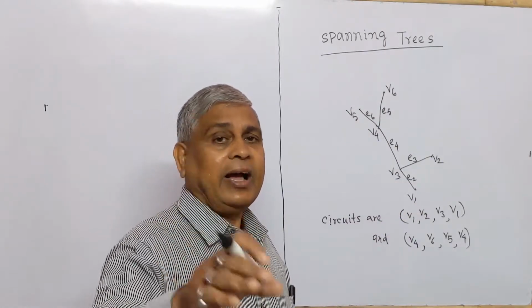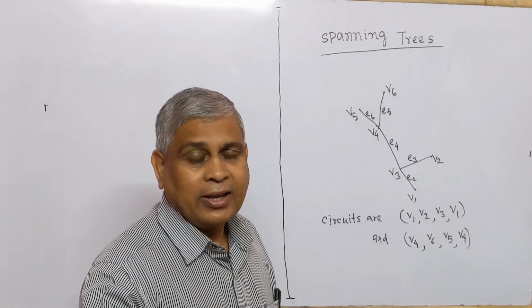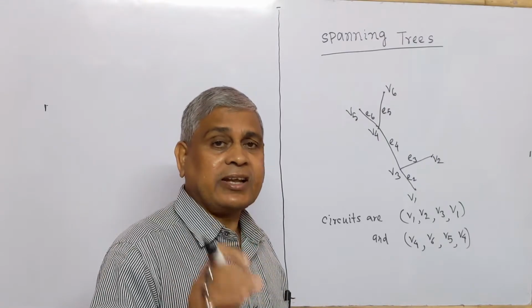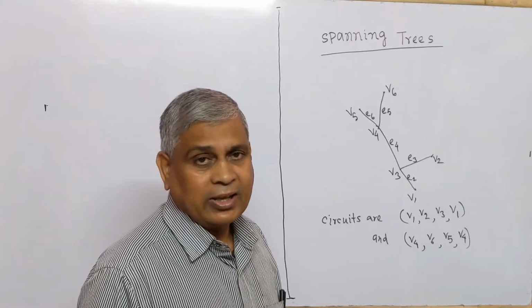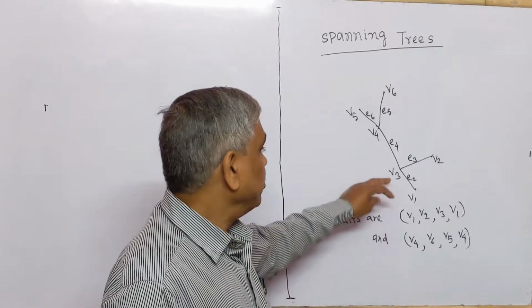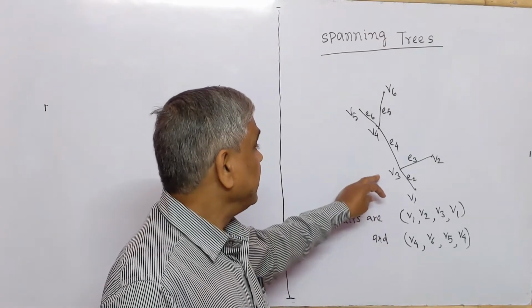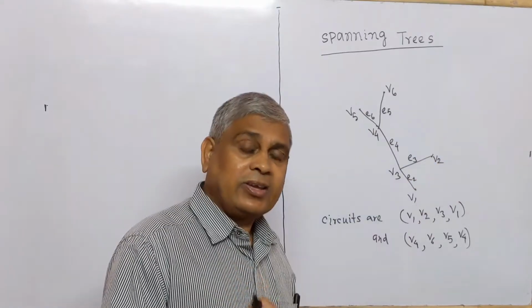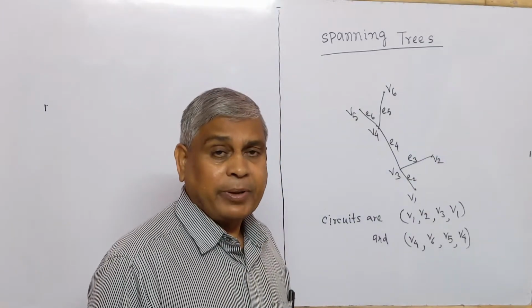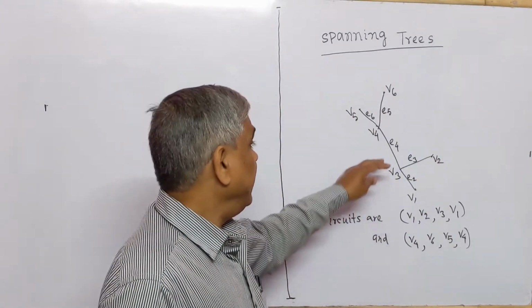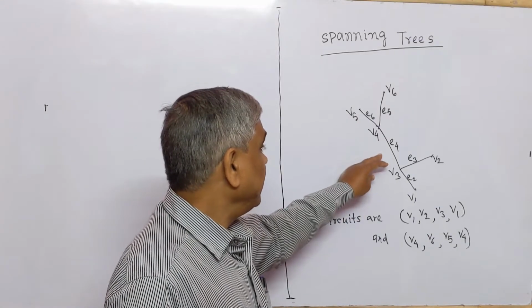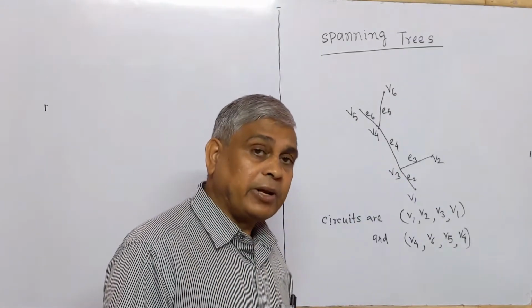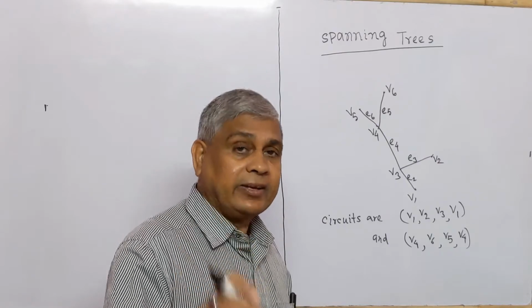This is another tree. Since circuitless connected graph is a tree which contains the same vertices as the original graph, and it is a tree, and this type of tree is called spanning tree.